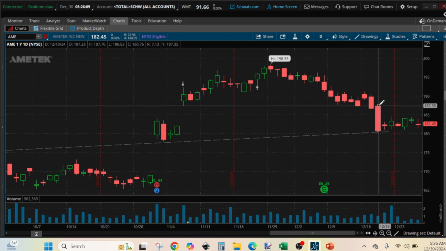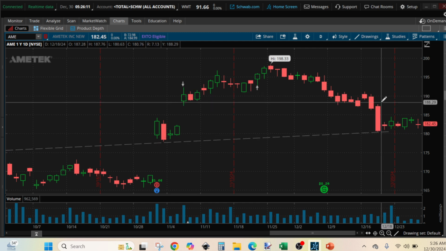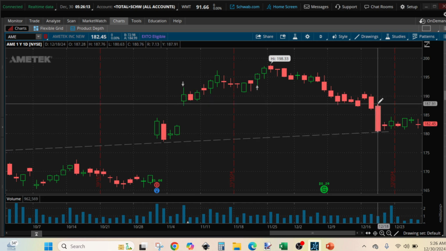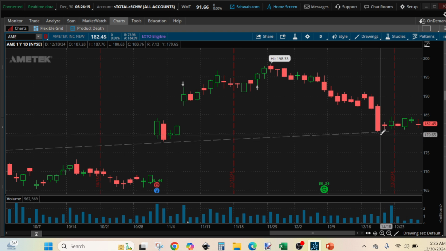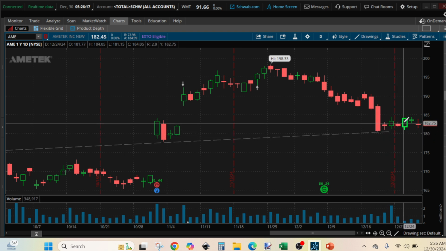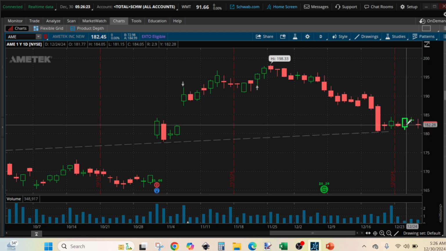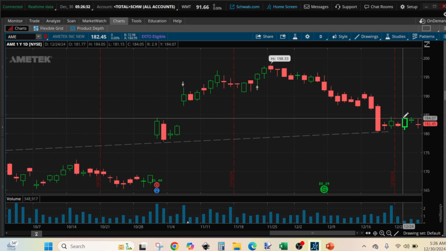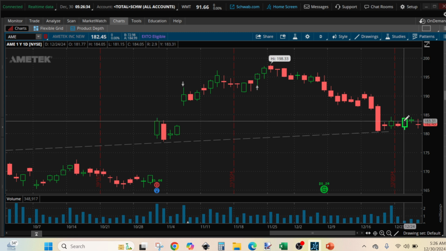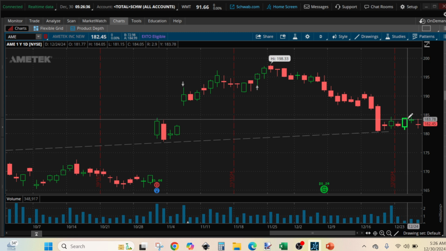And the stick at the top of the rectangle is how high it went up that day, and the stick at the bottom of the rectangle is how low it went that day. And a green rectangle means the price went up that day. It opened at the price corresponding to the bottom of the rectangle and closed at the price corresponding to the top of the rectangle.